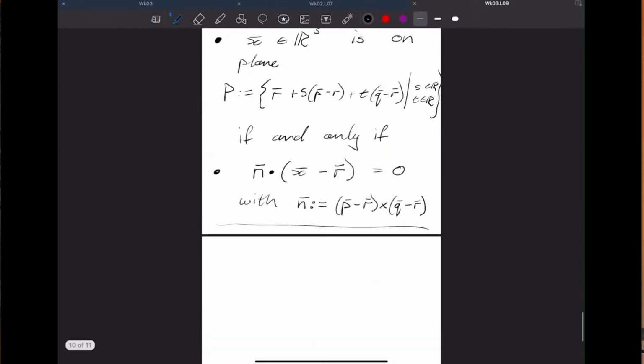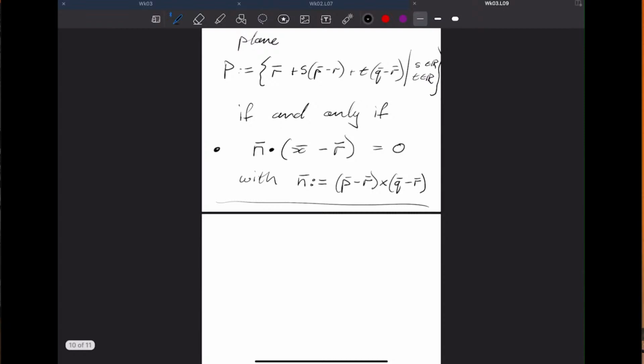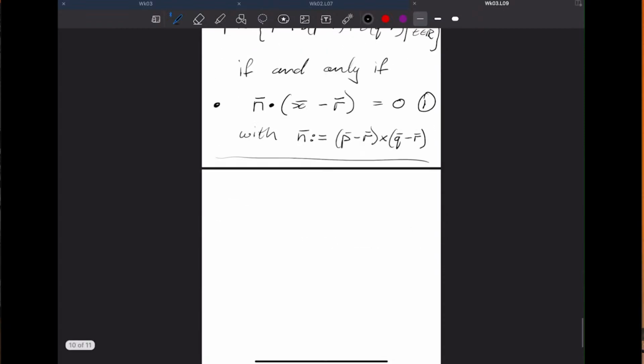Now there are a couple of remarks that we should make. So let us call this equation number 1. So remarks.